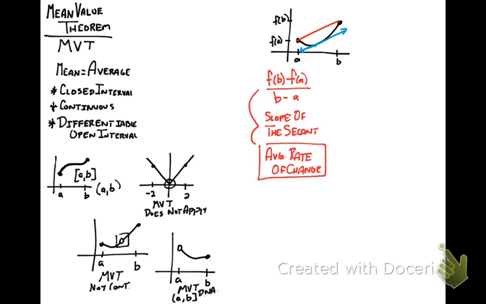Right, so the slope of our tangent line will be equal to the slope of the secant line. And that's going to happen at some point, and we'll say that point is C, where C is somewhere between A and B.